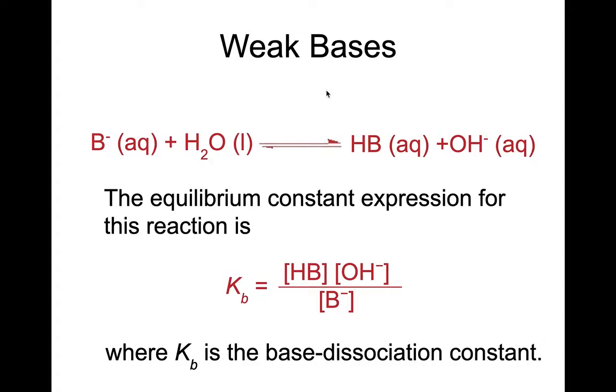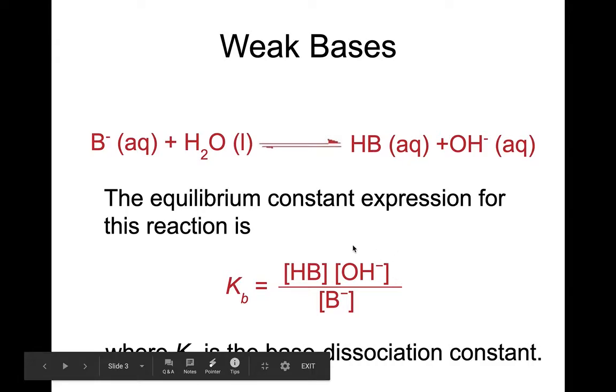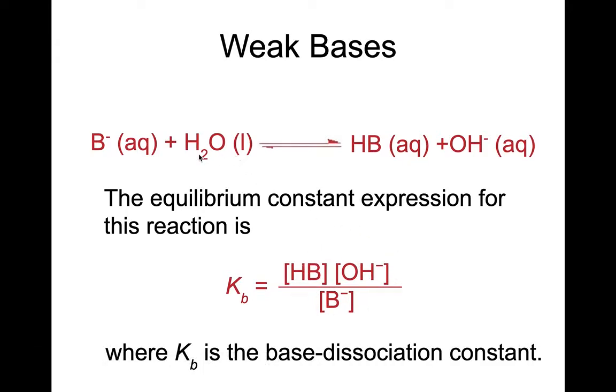These conjugate acid-base pairs will only ever differ by one hydrogen. And again, just like before, we can write an equilibrium expression for this reaction. Instead of Ka, we have Kb, since it's for a base, but it's still the concentration of the products over the concentration of the reactants. Notice, of course, we've only included the aqueous substances here. Water is left out because it's a pure substance, a liquid, and doesn't have a concentration.